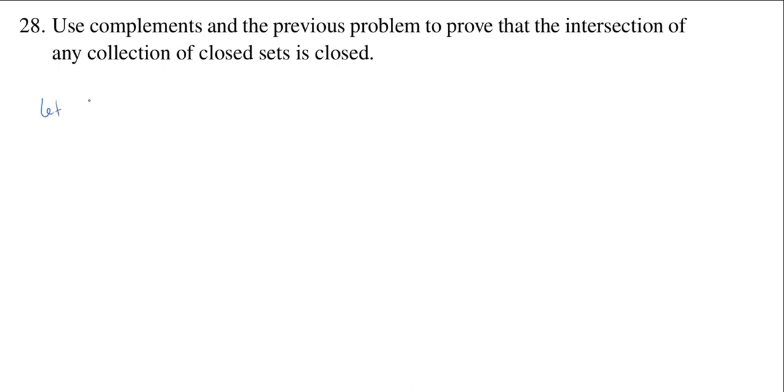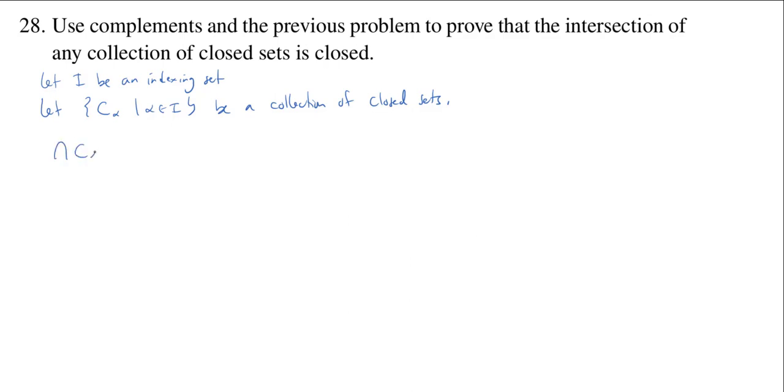How about we use C for closed: C alpha, alpha in I. Again, we'll let I be an indexing set, and we'll let this be a collection of closed sets. And we want to prove that if we take the intersection of all the C alphas, this is closed. So prove this intersection is closed.